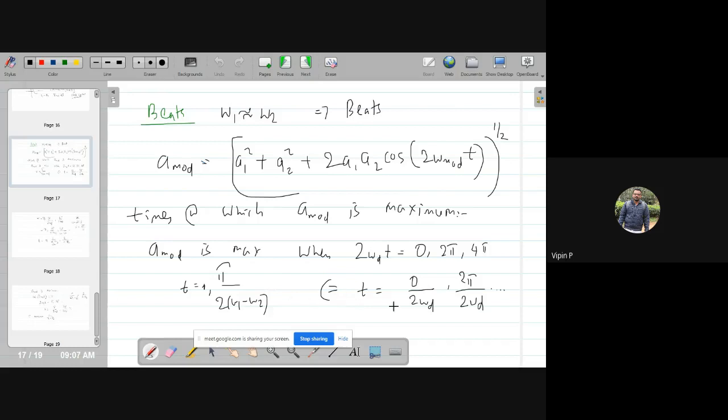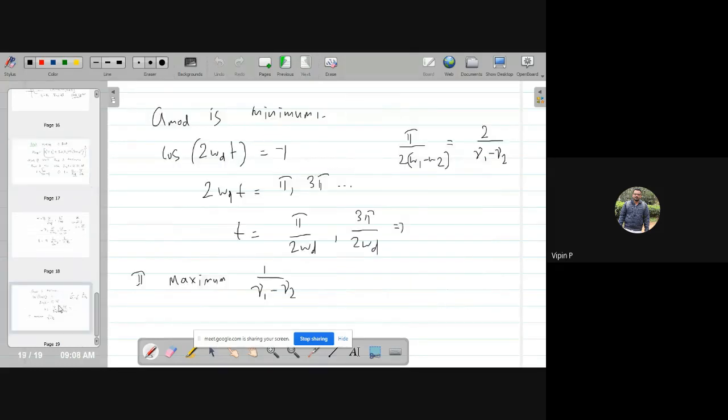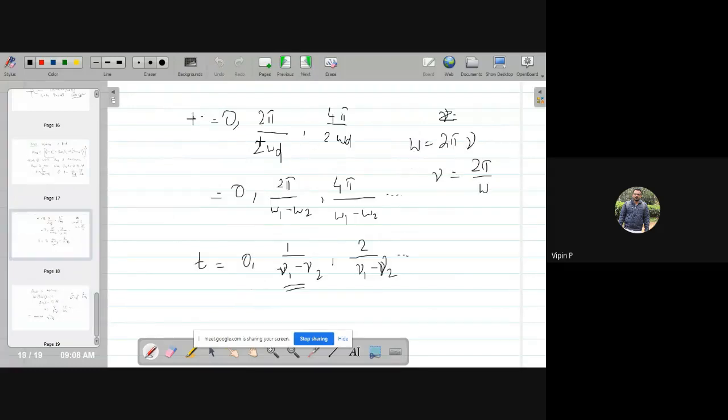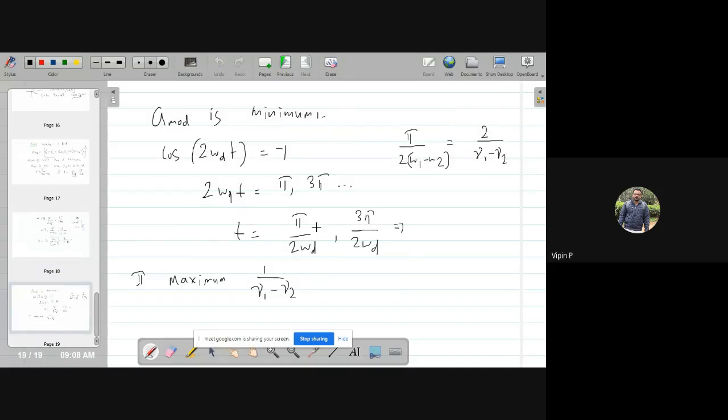So this is one maximum at 0. Maximum occurs here.